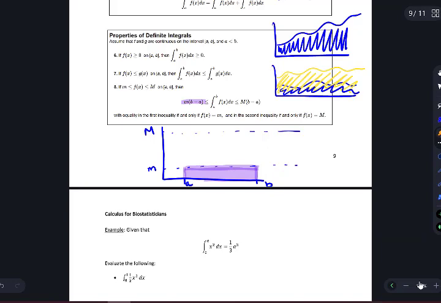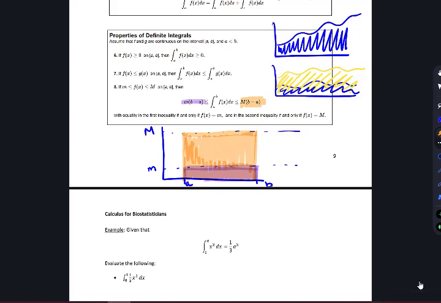On the other hand, the rectangle going from a to b and up to big M is going to look like this. And again, for similar reasons, its area is big M times b minus a.